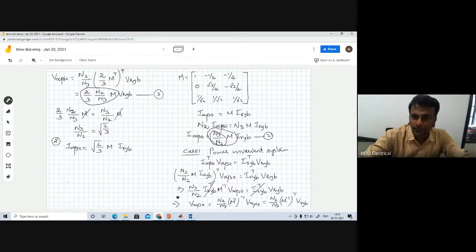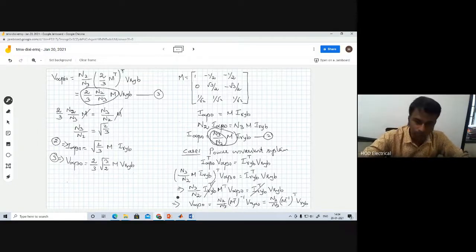Then for the voltage, the third equation becomes V alpha beta naught equal to 2 by 3. N2 by N3 is nothing but root 3 by 2. Then M matrix into V R Y B. So from 2 by 3 into root 3 by 2, we automatically have root 2 by 3.